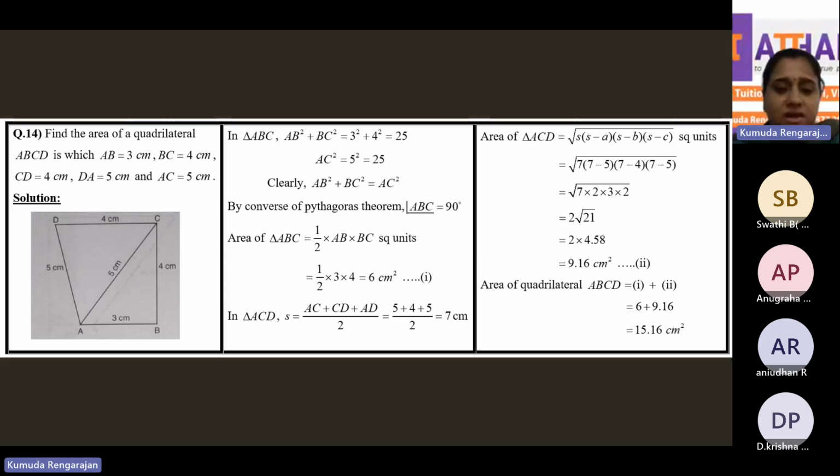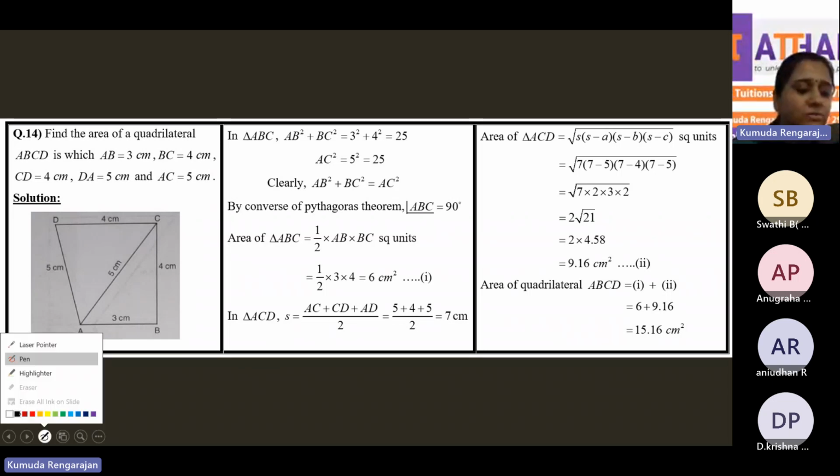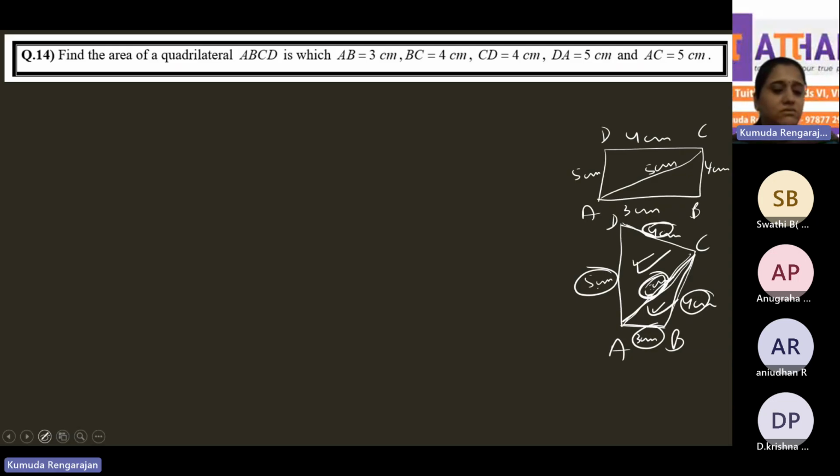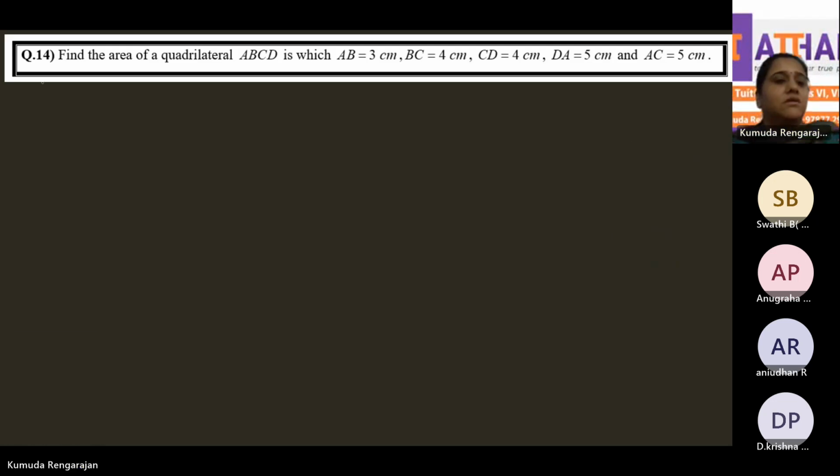This I'll tell you in the next class. One minute. You don't work it like this. This is correct. I'll explain this in the next class for you. Let me do one thing. Write down, children. I'll work the answer for you. Write down. Draw this diagram.